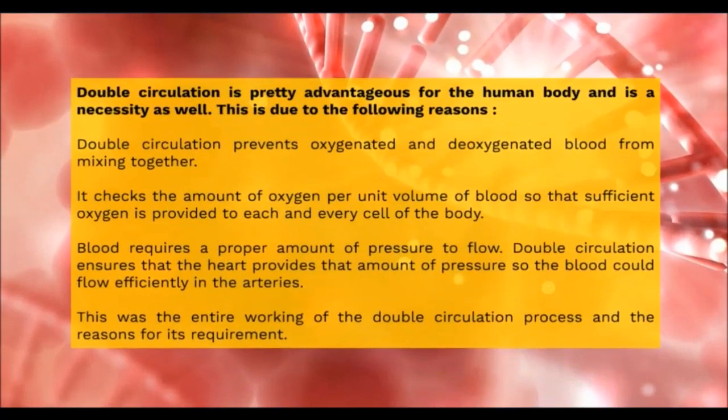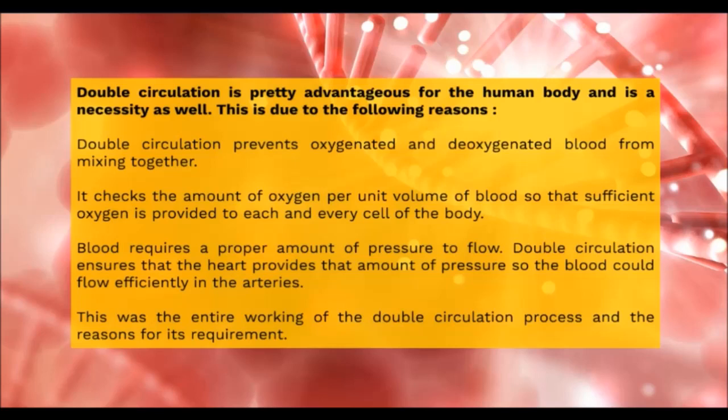Double circulation is pretty advantageous for the human body and is a necessity as well. This is due to the following reasons. Double circulation prevents oxygenated and deoxygenated blood from mixing together. It checks the amount of oxygen per unit volume of blood so that sufficient oxygen is provided to each and every cell of the body.